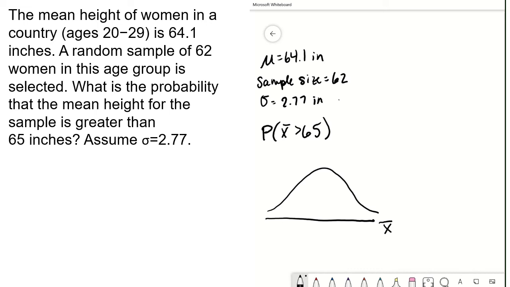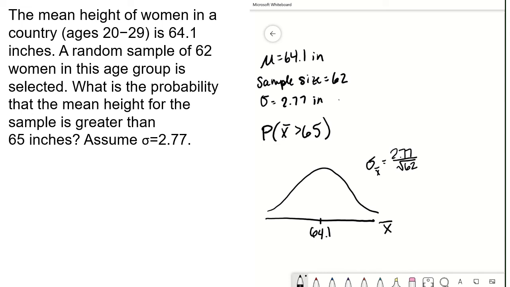And the sampling distribution has the same mean as the original population, so this is still 64.1, but its standard deviation is different. It's going to be the population standard deviation divided by the square root of the sample size, which in this case is 62. So it's going to be a tighter distribution than just a regular x was, because we're going to have a much smaller standard deviation.